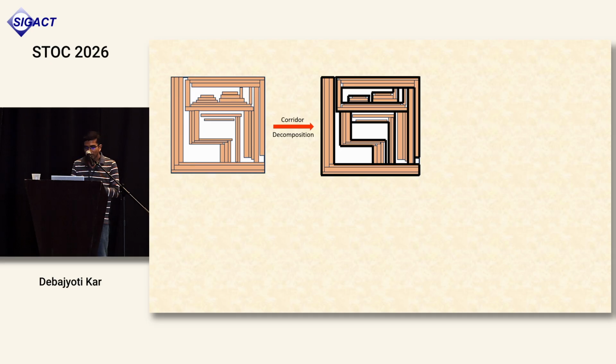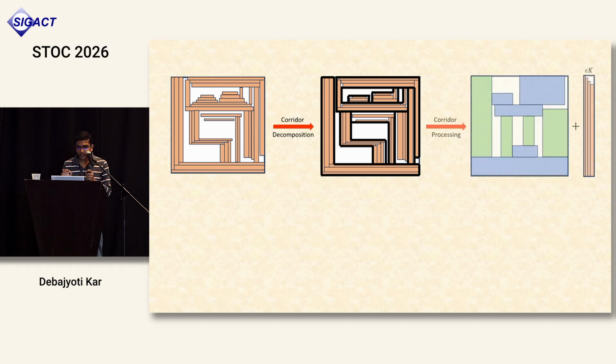And then what prior works have done is to apply some kind of a corridor processing scheme to these corridors. So this intuitively states that by discarding some rectangles from the corridors, the remaining rectangles can be repacked into a constant number of containers.